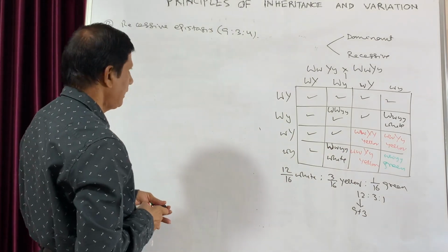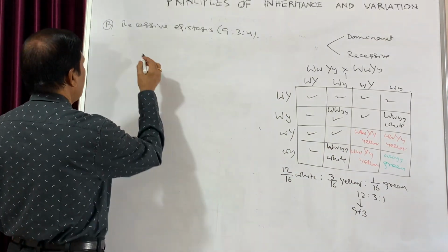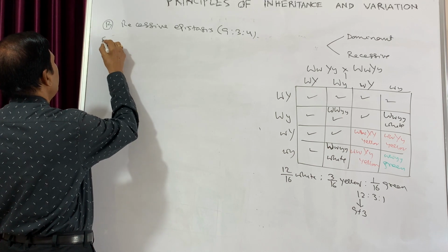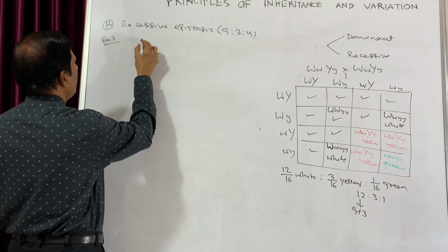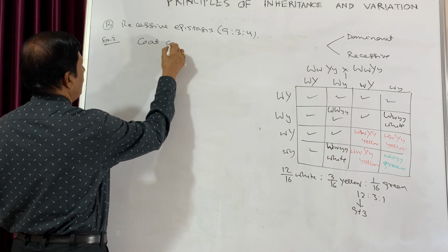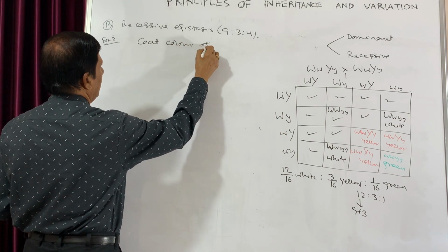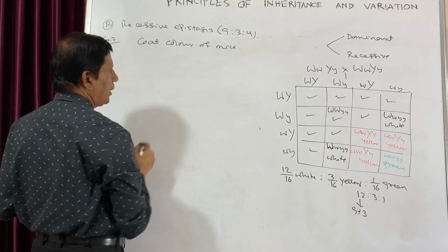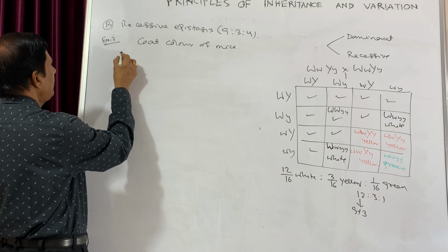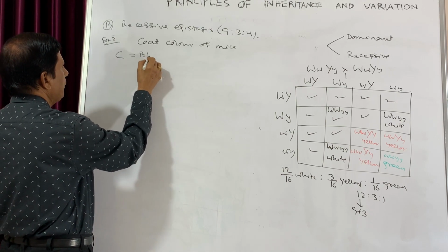So let us give the second example, that is coat color of mice. Example 2, coat color of mice. In this case, the dominant gene C is responsible for black color.